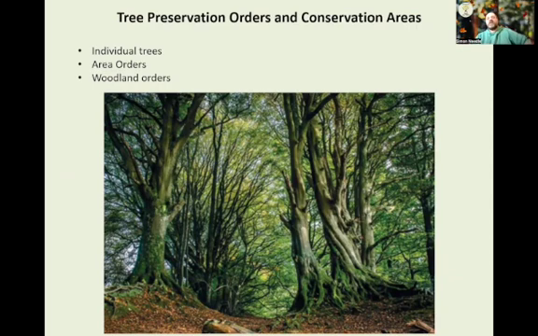So it covers a whole variety of housing types, and it covers all trees within that area, except anything under 7.5 centimetres trunk diameter. Anything above that, you'd need to at least make a notification of an intent to undertake some tree works. That must be done 6 weeks in advance.